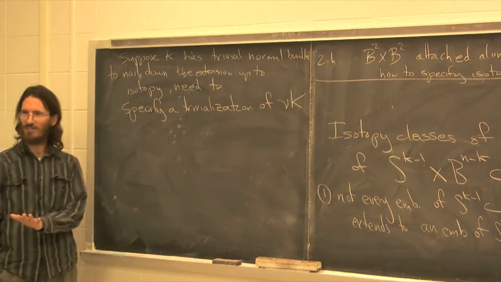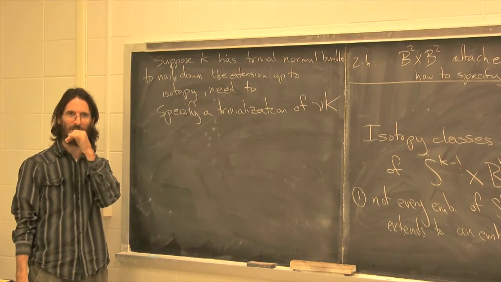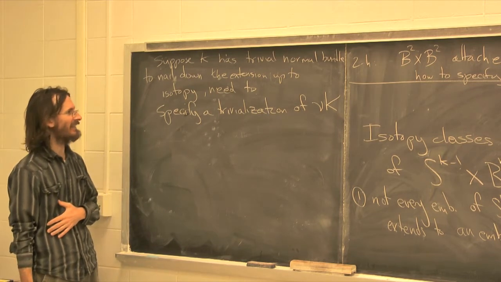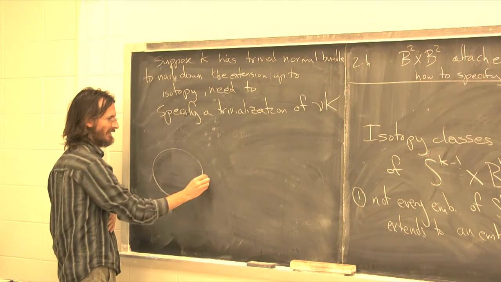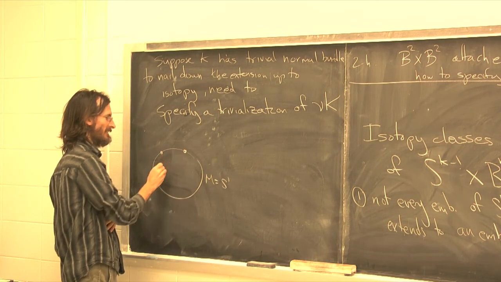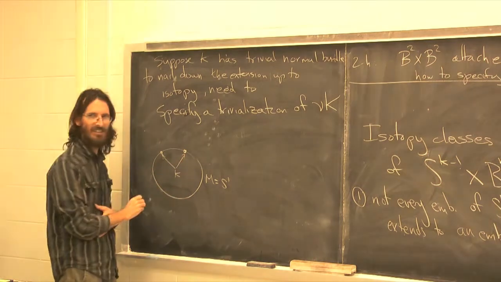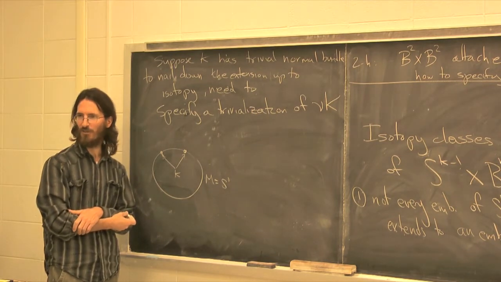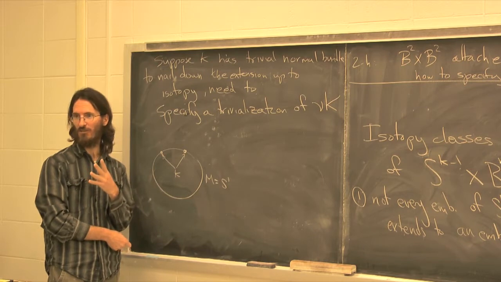Any questions on the difference between knowing that it's trivial and having a trivialization? Maybe the simplest example is S^n with n equals 1, and K is a pair of points. K has a trivial normal bundle, but it actually has 4 different trivializations of its normal bundle.